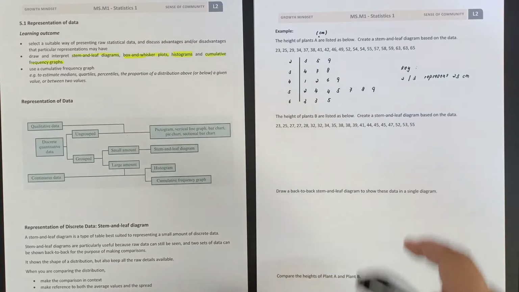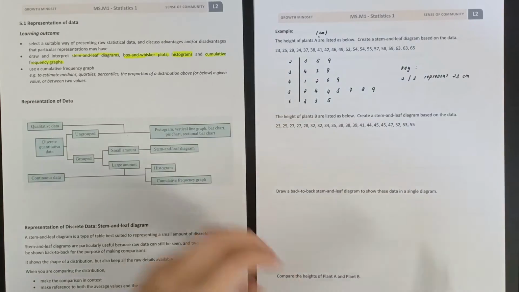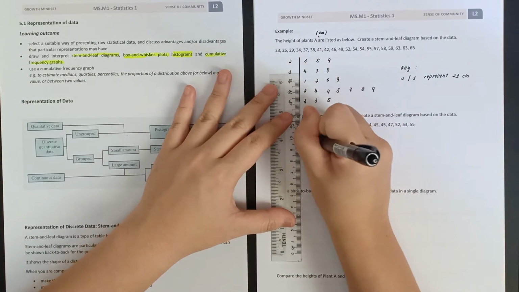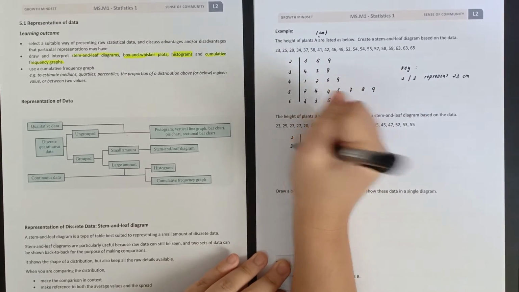For part B, I guess you can do it. I'm just going to write it here, then you can take your time to fill in your worksheet also.